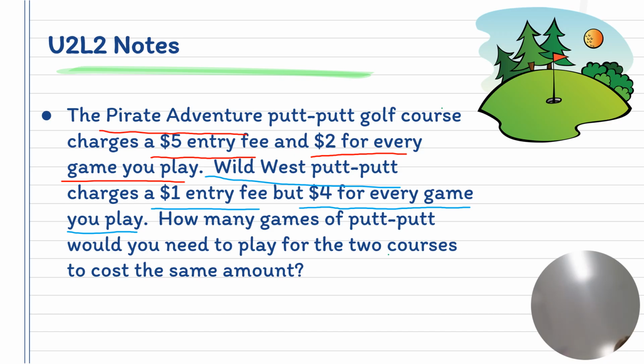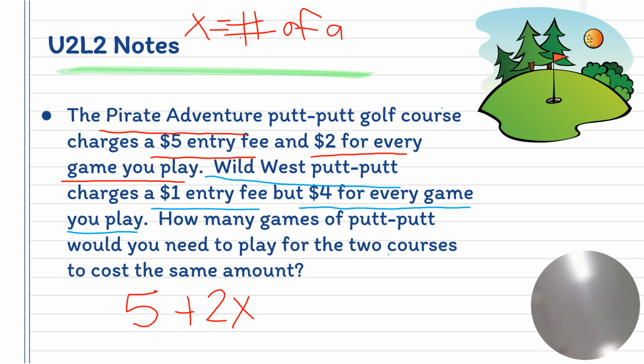So to represent my Pirate Adventure putt-putt, I know I'm charging $5 and it is going to cost $2 for every game you play. I'm going to call that my x. Now before I even get any further, I want to label that x as number of games.